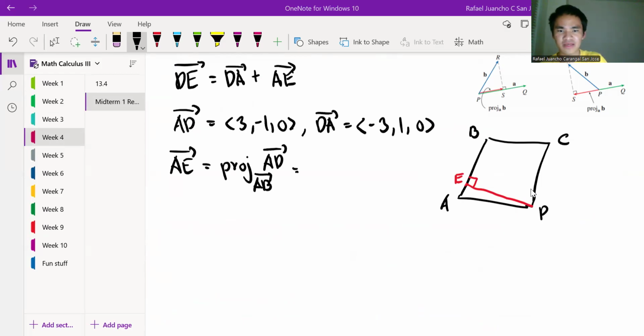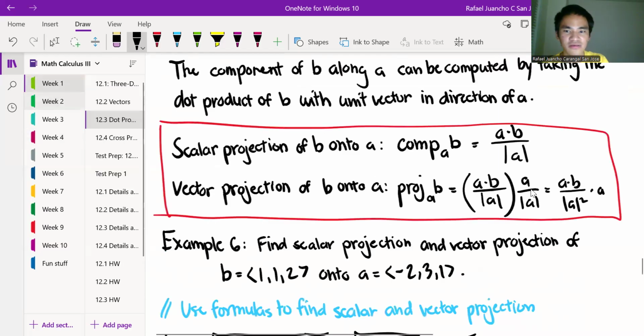So here we have AD dot product to AB over AB dot product to AB, right? I think that's what it was saying.